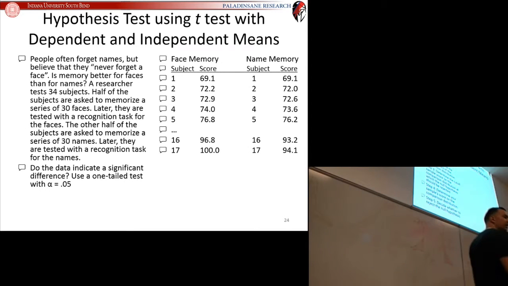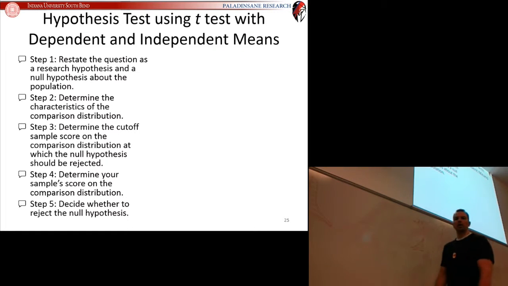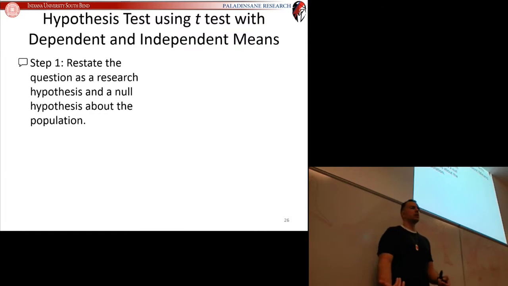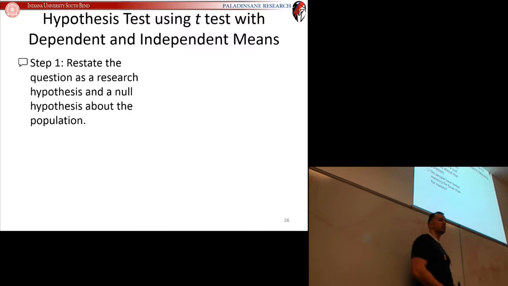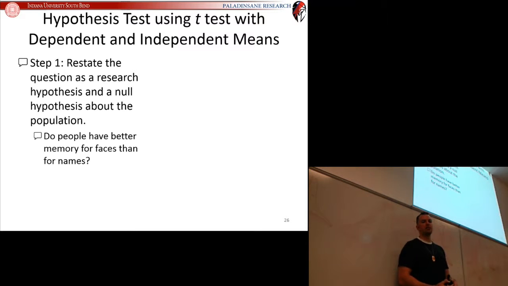Now it's time to go through our 5-step hypothesis testing procedure. Step number 1, restate the question as a research hypothesis and a null hypothesis about the population. We want to know, do people have better memory for faces than for names?